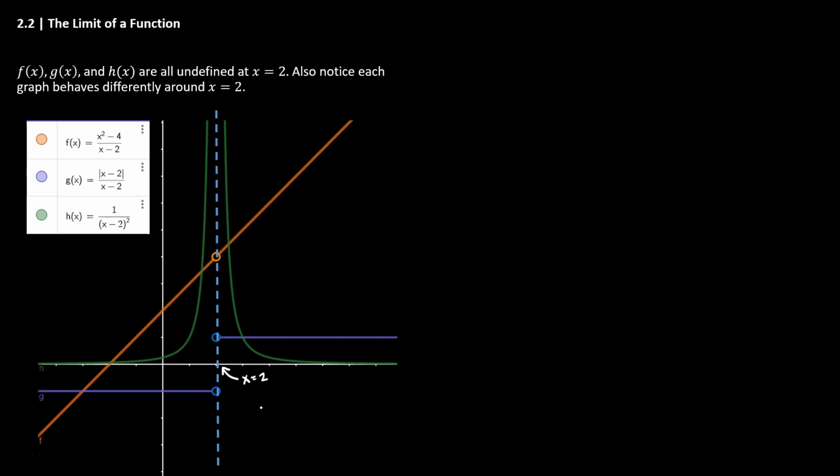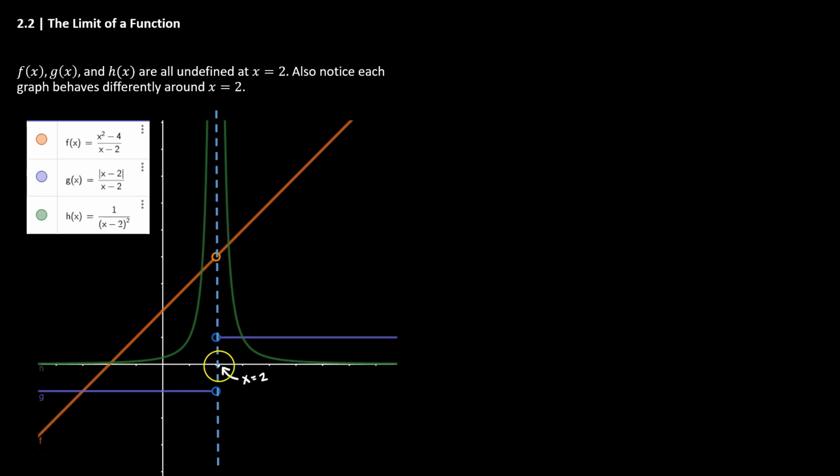However, even though these three functions have all those undefined points in common, the functions behave very differently around each of the undefined points. Looking at the gold function, we can see that it's a straight line on either side of the undefined point.